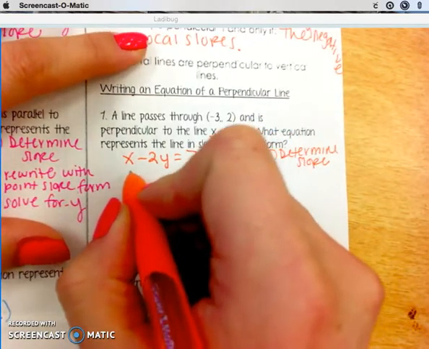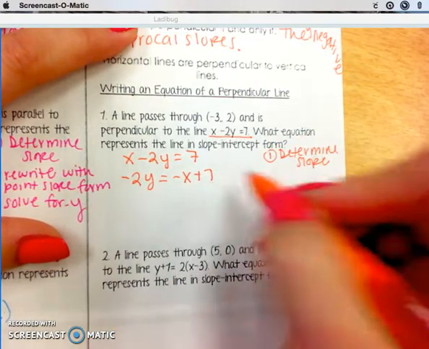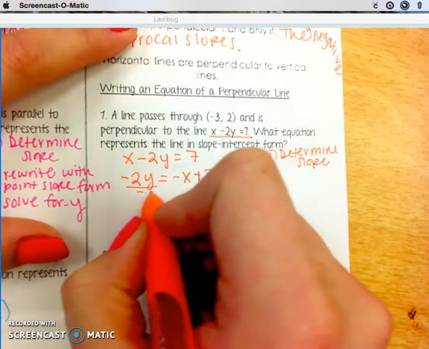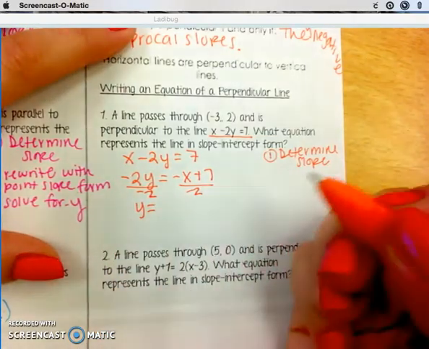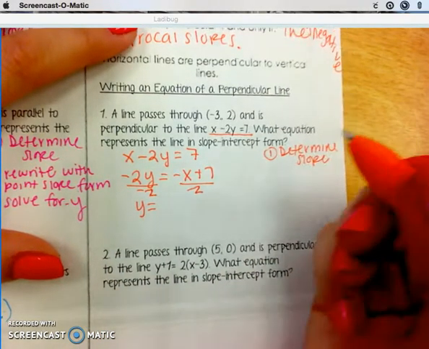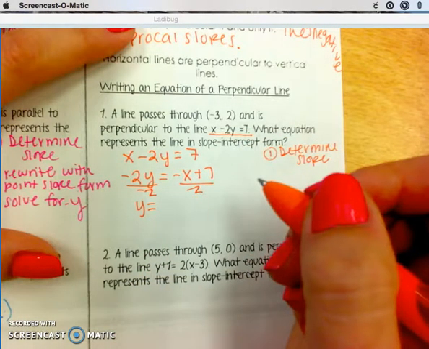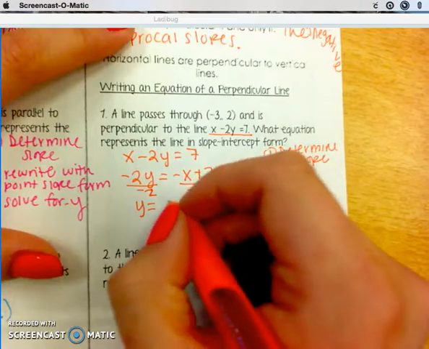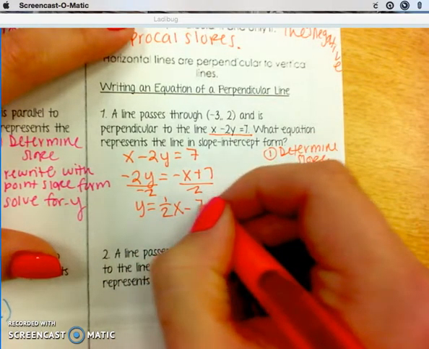So I'm going to subtract x, so negative 2y equals negative x plus 7, and I have to divide by negative 2. So y equals positive 1/2 x minus 7 over 2.